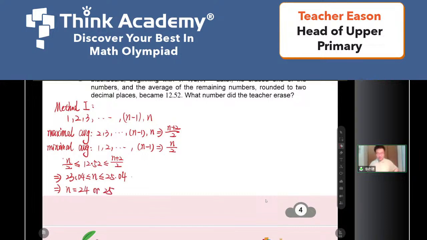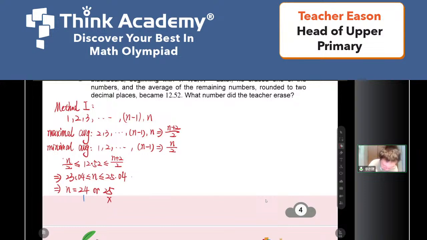But it's easy for us to get 25 incorrect because it's too close to this 25.04. It's too close to the extreme situation, which means it's very likely to be impossible.